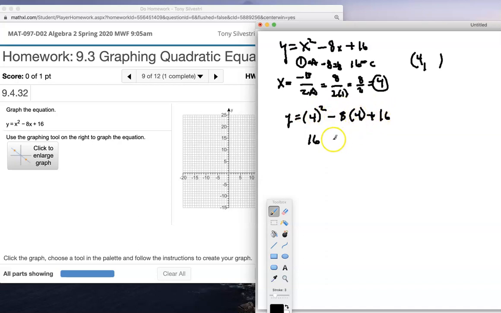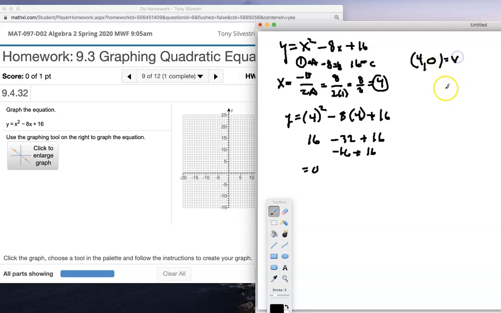That's negative 8 times 4 is negative 32. And copy down the 16, this other 16 here. So we got 16 minus 32 is negative 16. Left to right order, plus 16. It looks like y is equal to 0. Super.